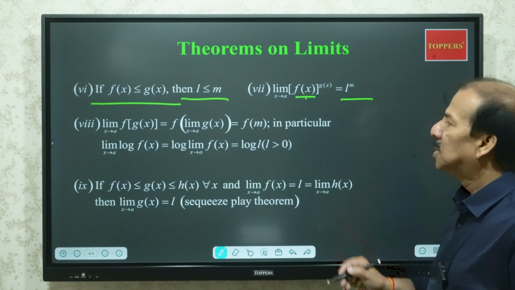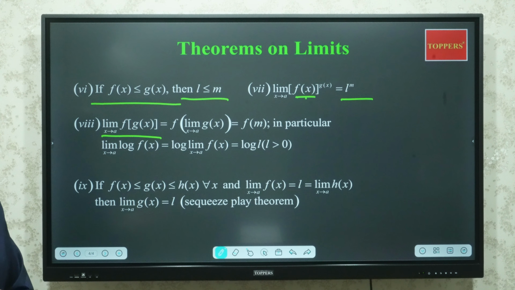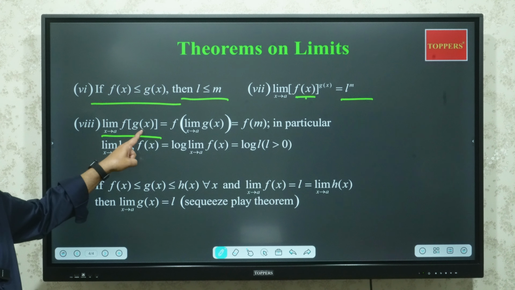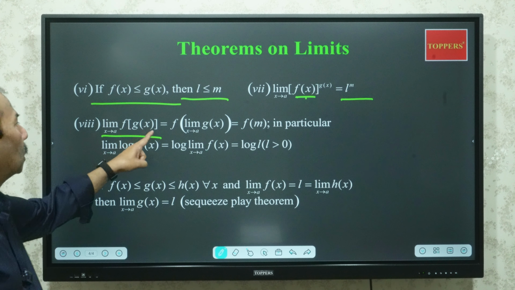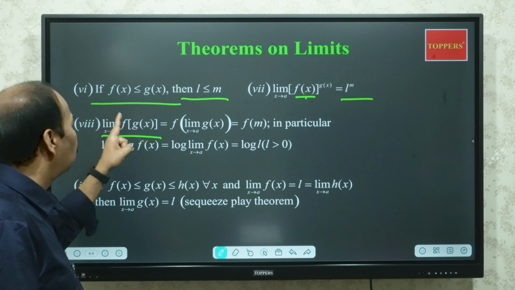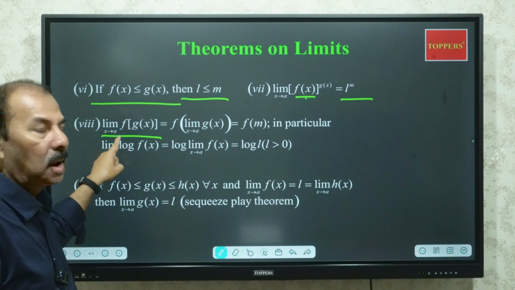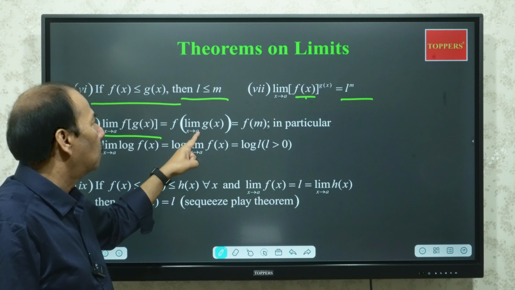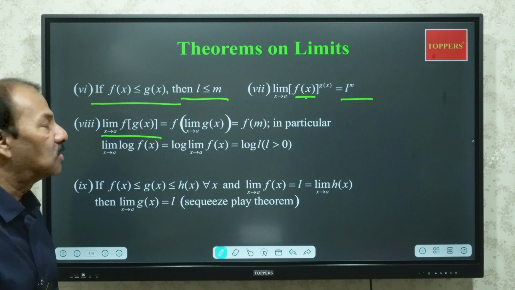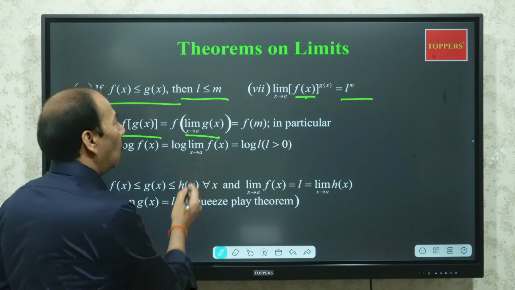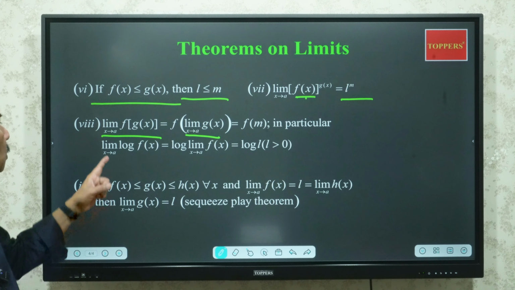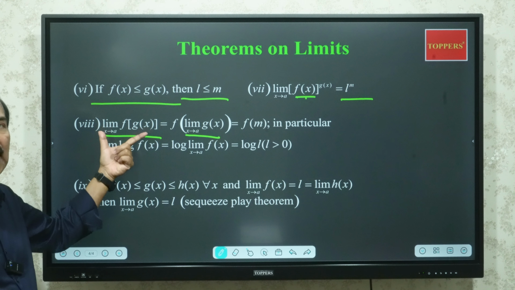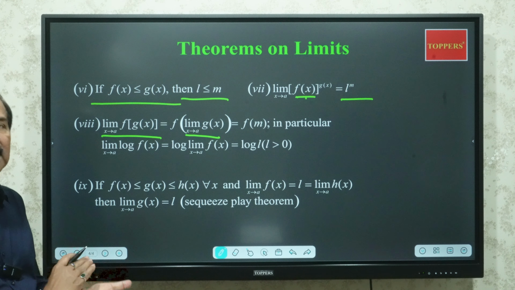Similarly, if you have a composite function, let us say f of g of x. So f of g of x becomes a composite function. It means the limiting value of f of g of x when x tends to a will be equal to f of the limiting value of g of x when x tends to a. That means first calculate the limiting value of g of x when x tends to a, and the final value will be f of that.